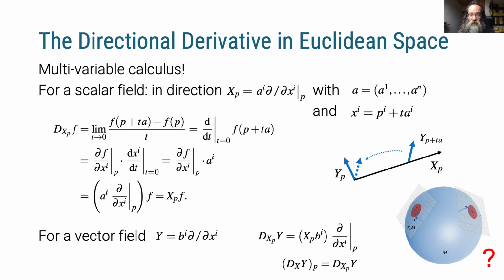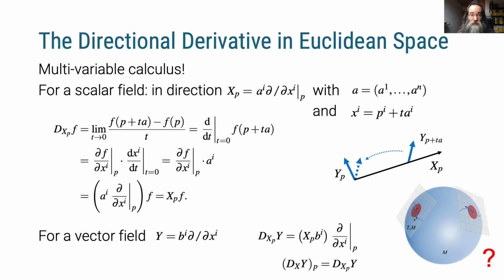But we rewrite this in analysis notation as an operator d over dt evaluated at t equals 0 and apply it to the function f of p plus t a. This is the same expression, just written in a different notation, and the reason we do this is that we now see we have to use the chain rule. Applying the chain rule to this expression yields the partial derivative of f in direction x^i at p times dx^i over dt at t equals 0, summing over all i. Now this derivative of x^i is a rather simple one because it's just a linear function of t.